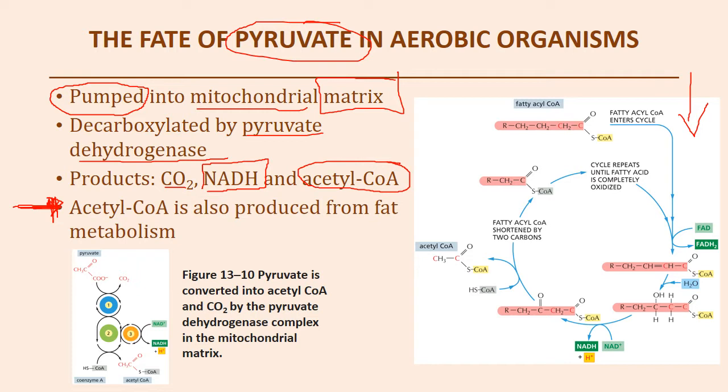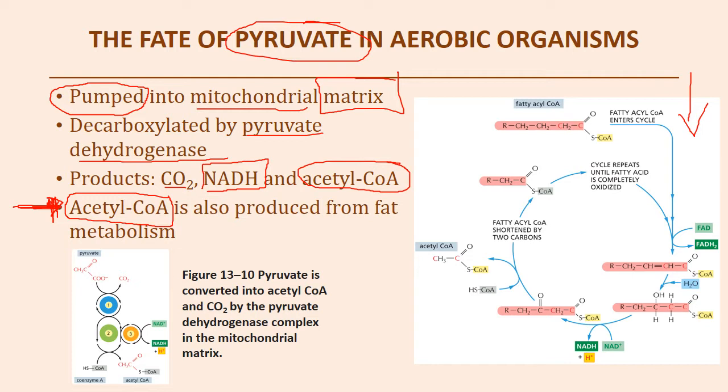What we see happening, primarily with fat, is that their components can also be converted to acetyl-CoA, therefore skipping the glycolysis step because it's not glucose-based. And since it's able to convert into acetyl-CoA, the products of fat metabolism will be able to go right back into the citric acid cycle without having to worry about the fact that they did not have glucose at the start of the reaction.